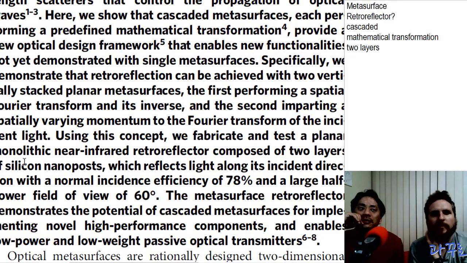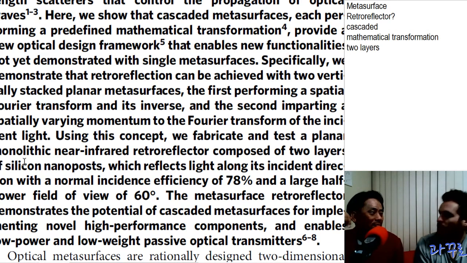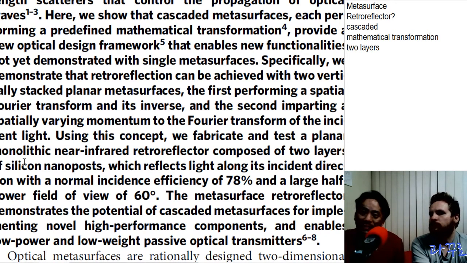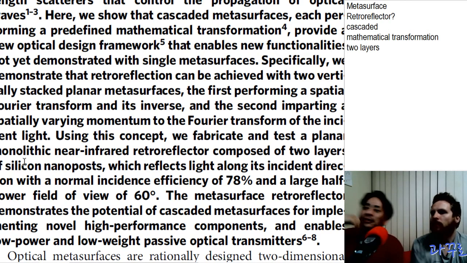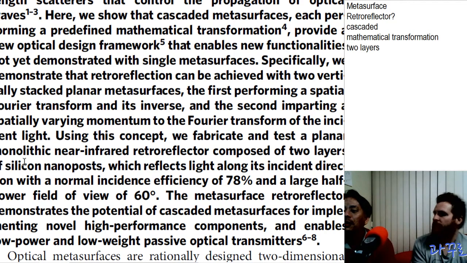Right. So if the angle is 0, then it's just a normal mirror, so you wouldn't expect it to lose much power. But if the oblique angle gets greater, then it will lose more power because it needs a bigger momentum transfer. It's interesting that at normal incidence the efficiency is only 78%, which means it is already losing 20% of the normal mirror's power.